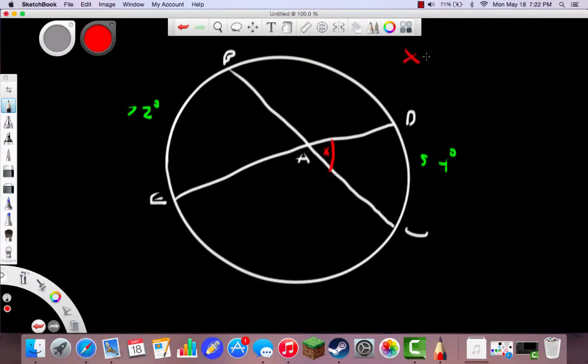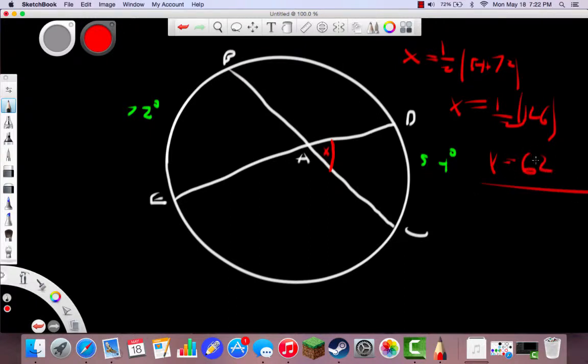So X, or you could also call it angle DAC, is going to equal half of 54 plus 72. 54 plus 72 is going to equal 126. So X equals half of 126, which is 63.